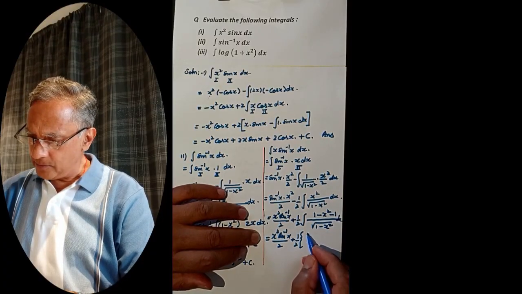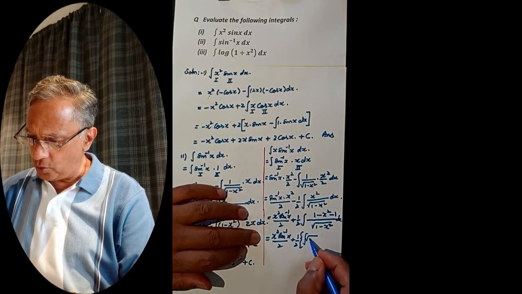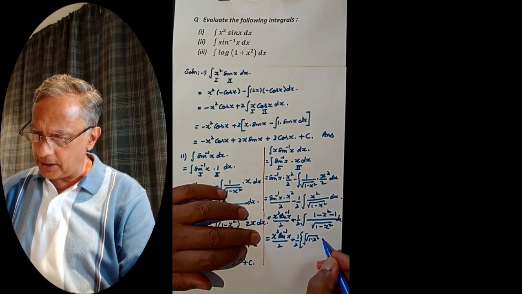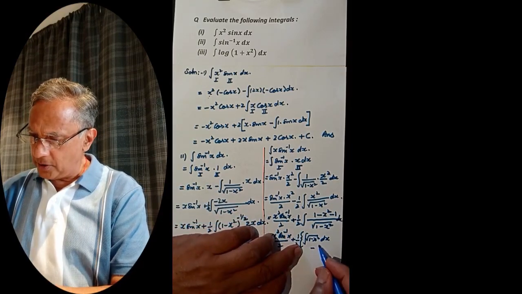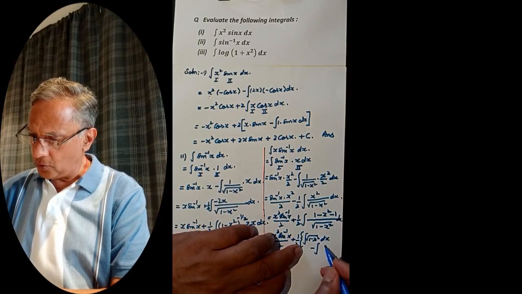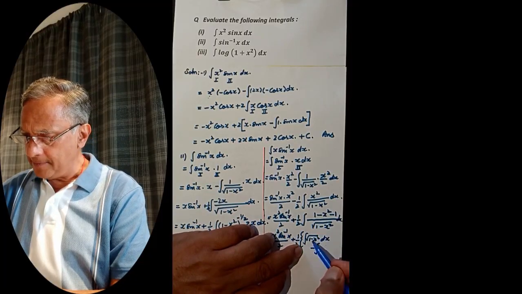We have integral of under the root 1 minus x square dx minus integral of, now this is this.